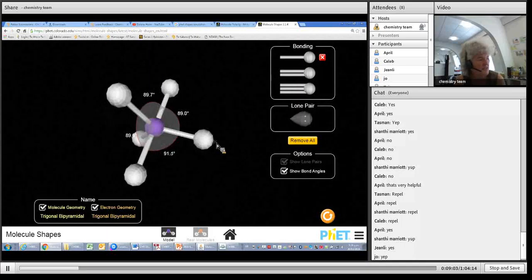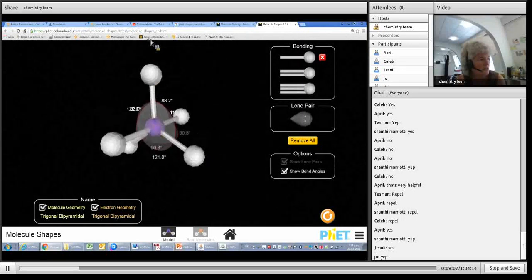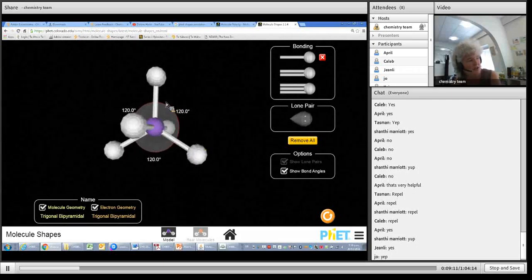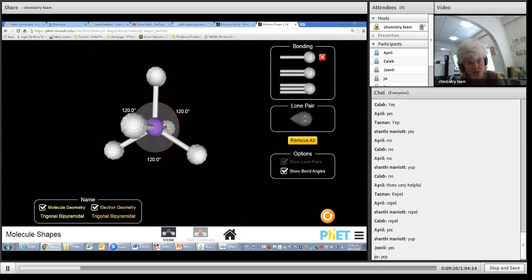I want you to see, there you go. Okay, so now we're looking end on to those two bonds that are directly opposite each other. And can you see I've now got three bonds that's like a trigonal planar part, 120 degrees from each other.